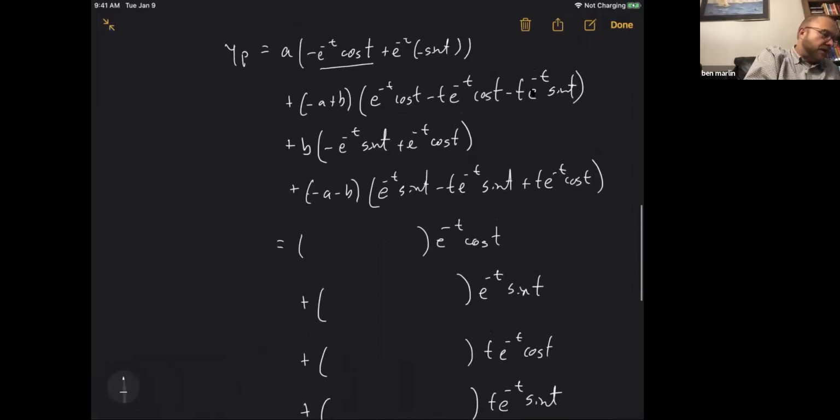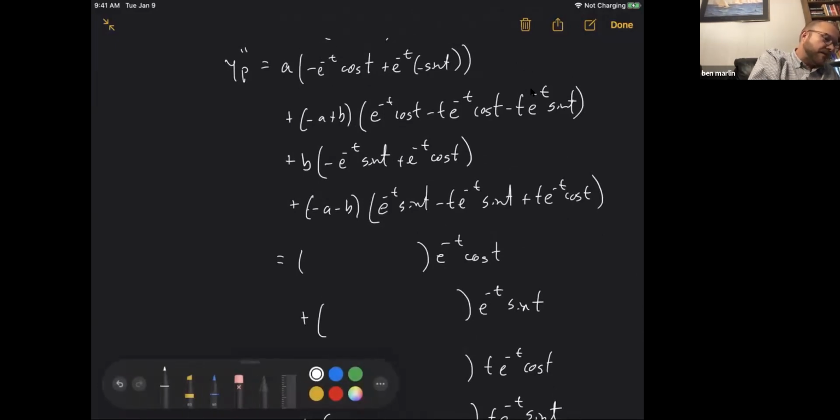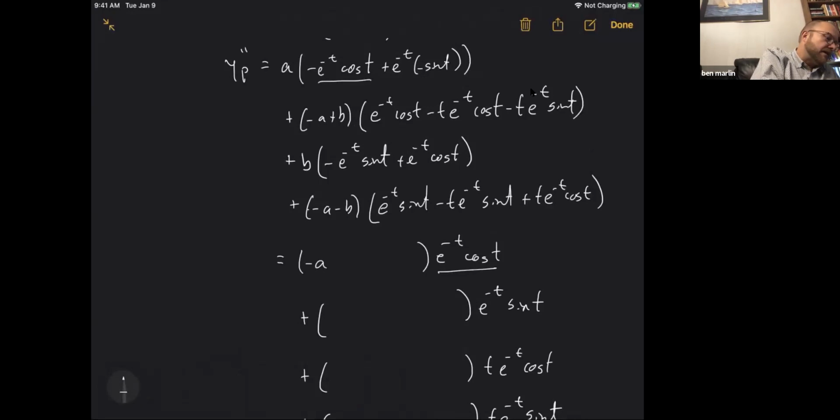Okay, so let's start then with the e to the minus t cosine t stuff. So we can spot up here that we'll have a minus a on it. And then here, we're going to end up with another minus a and a plus b.